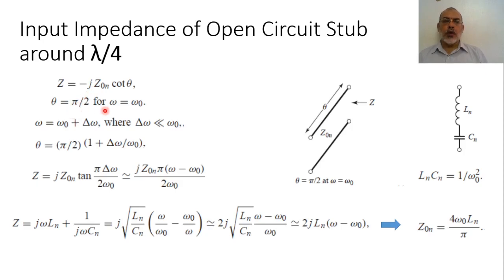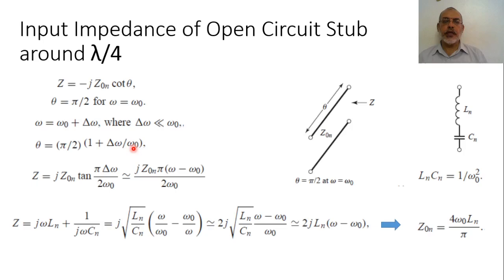Around omega equals omega naught, such that omega equals omega naught plus delta omega, where delta omega is much smaller than omega naught, we can approximate theta to be pi over 2 multiplied by 1 plus delta omega over omega naught.